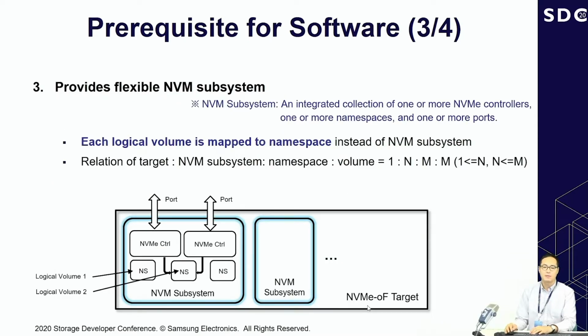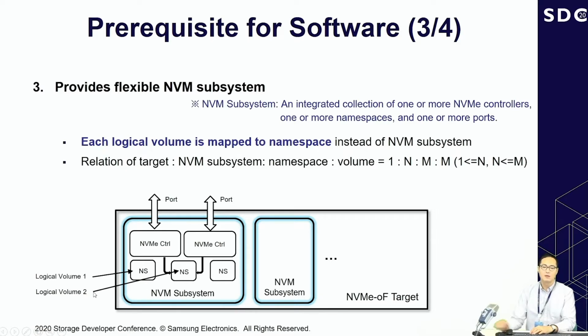And the reference system can provide flexible NVMe subsystems. In this figure, the NVMe Fabric target represents our reference system. It can create one or more NVMe subsystems. One NVMe subsystem consists of one or more NVMe controllers, one or more namespaces, and one or more ports. One of our design decisions regarding the NVMe subsystem is to map one logical volume to a single namespace in the NVMe subsystem.